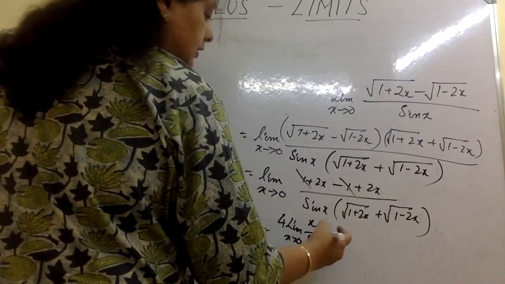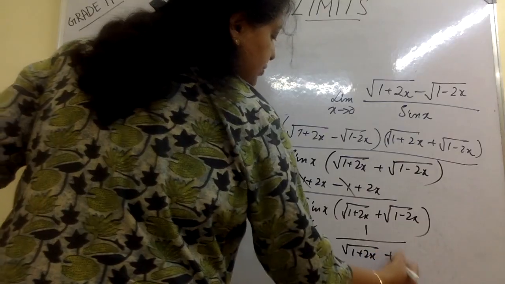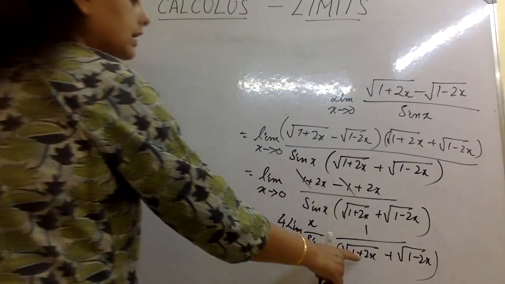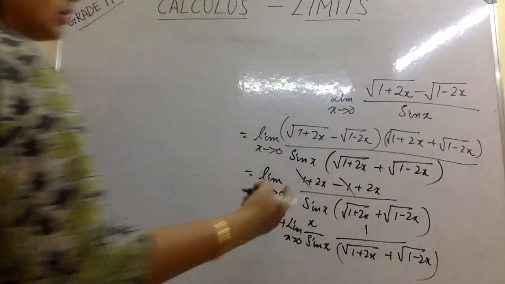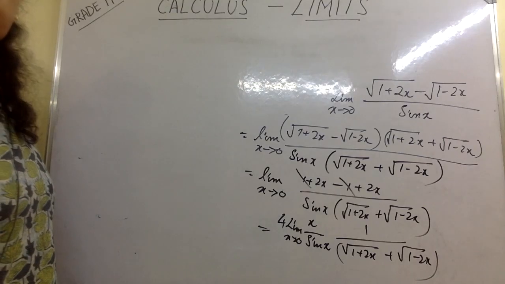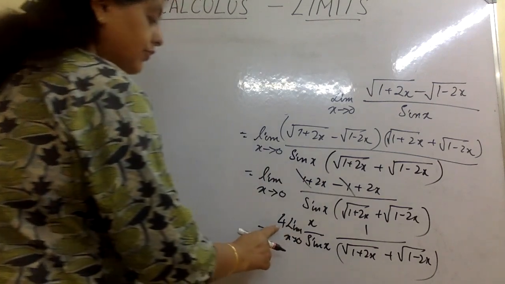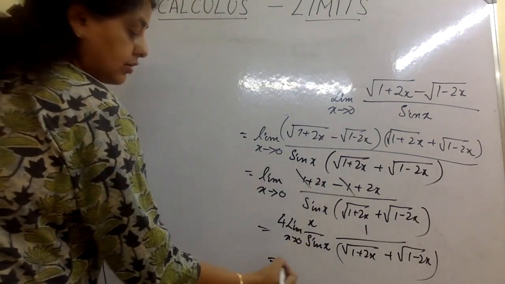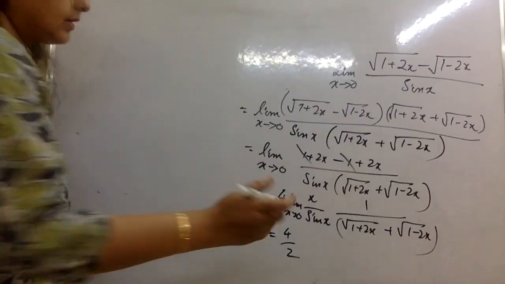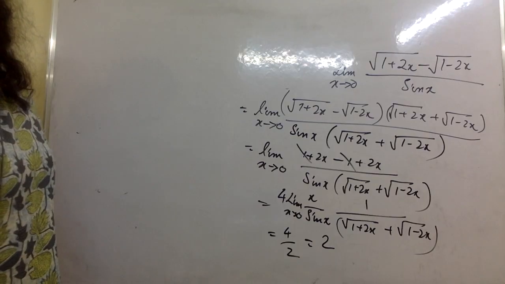Then here we have 1 by root 1 plus 2x plus 1 minus 2x. We'll substitute the x here. This will become a 1, if x tends to 0. Here it will become a 1, 1 plus 1, 2, 4 by 2, and this is a 1. So 4 by 2, and that comes to 2, so final answer is 2.